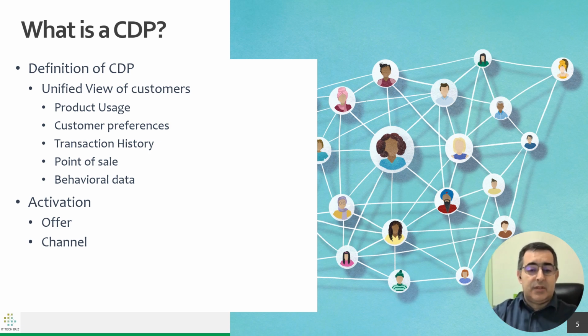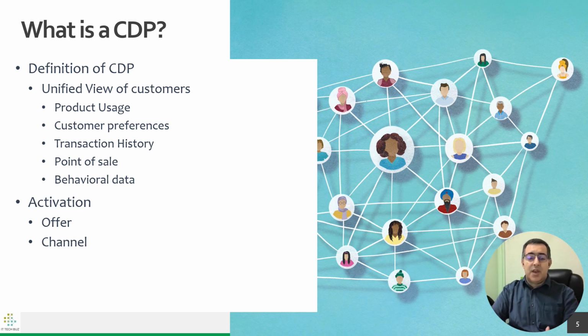All tied together can give the perspective of uniting everything, stitching all the identification that I have across the company, and having a golden record. If you know about CDP, you have already heard the term golden record. The golden record is one of the main features of the CDP.